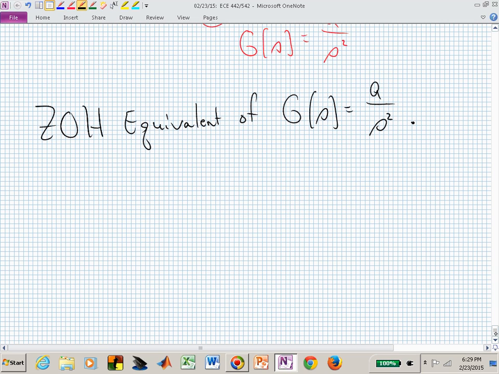Or you could think of this as the zero-order hold of two integrators, a double integrator. That's what it is. A pure mass looks like two integrators.